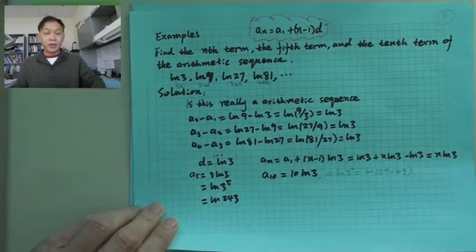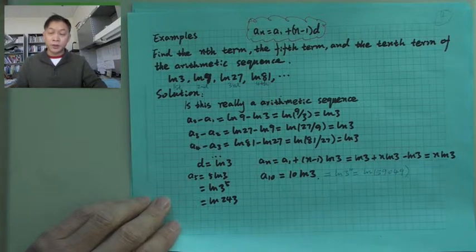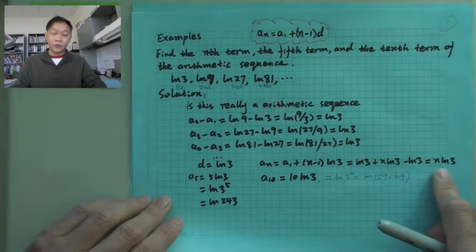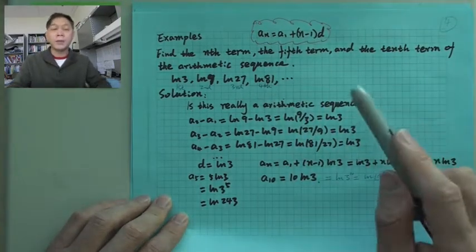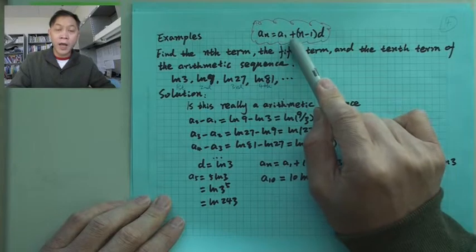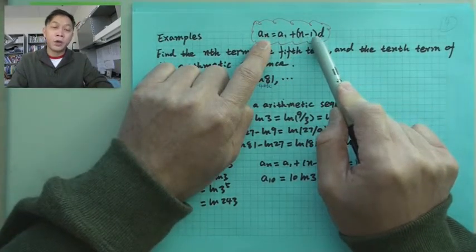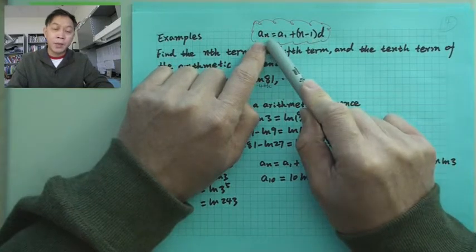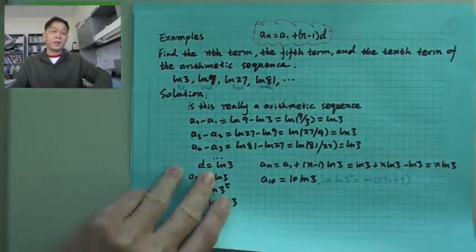For each individual arithmetic sequence, you will get a different formula. But in general, this is true. Again, the nth term is the initial term plus n minus 1, always 1 less than the subscript n, times the difference.